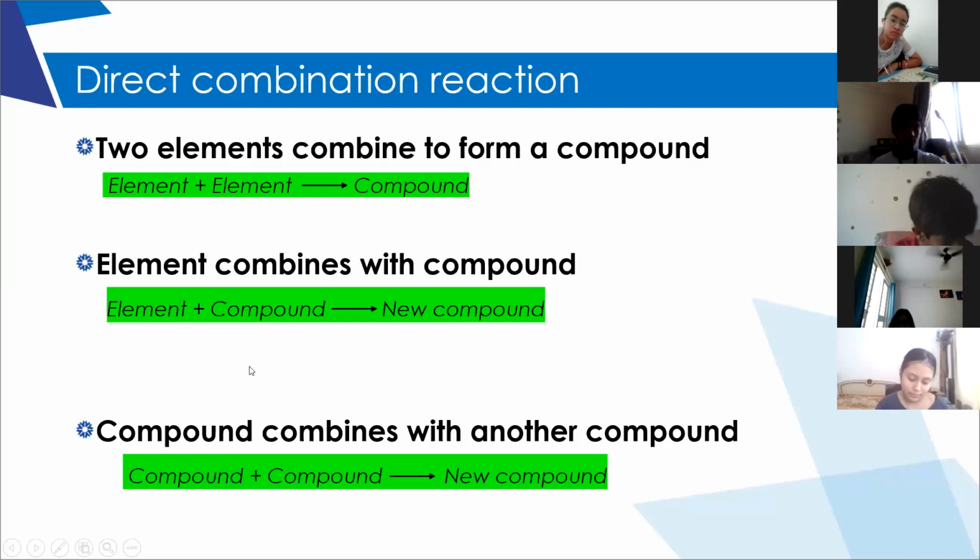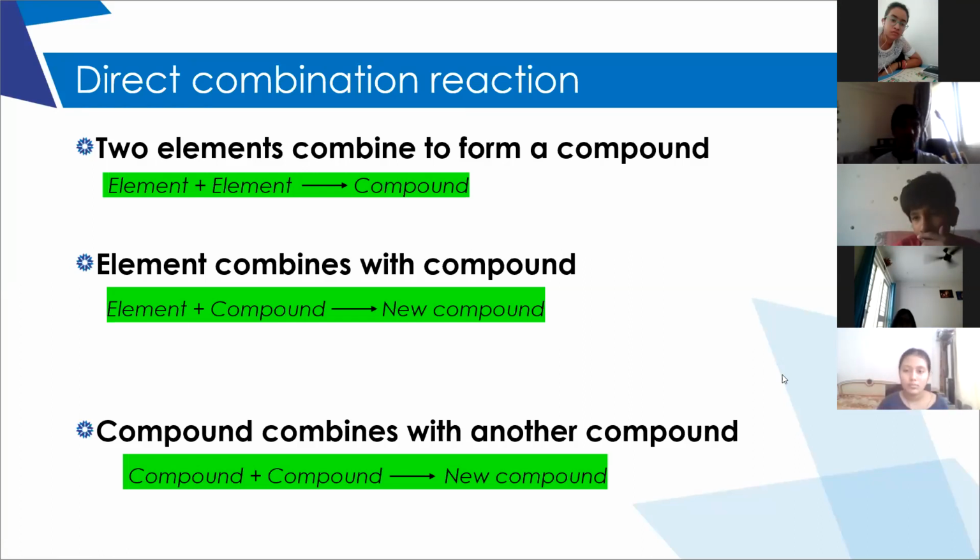Element plus compound. Yes, Aditya, can you give the example? Yes, Rohan. Ca plus OH equals Ca(OH)2.